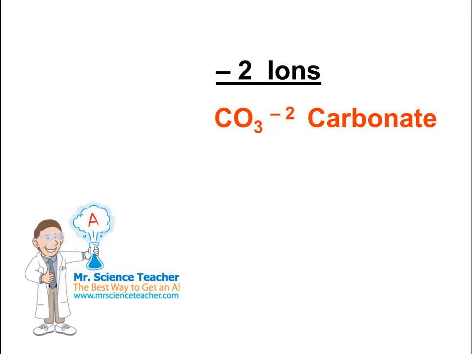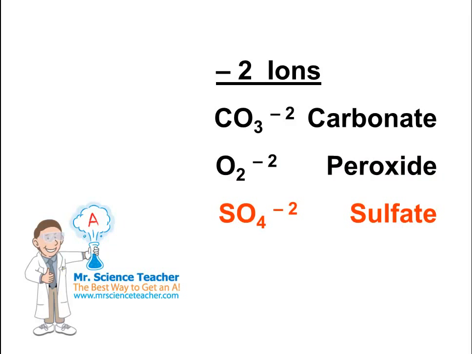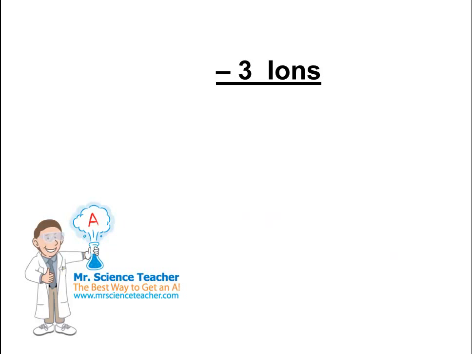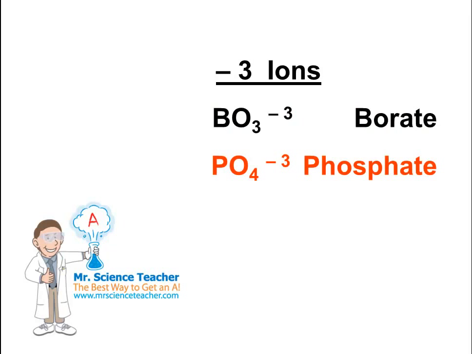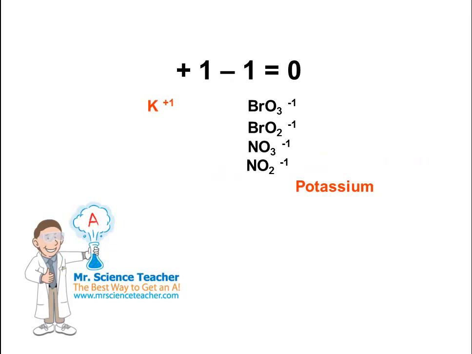CO3 is called carbonate. O2 is called peroxide. SO4, sulfate, and SO3 is called sulfite. -3 ions, borate, BO3. What about phosphate, PO4? It's also a -3.